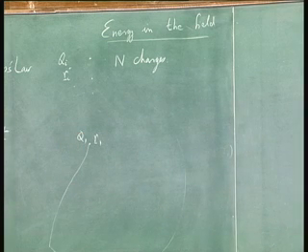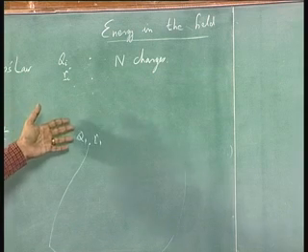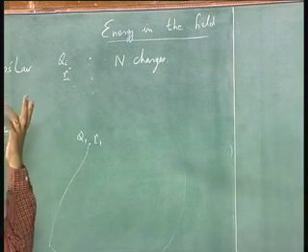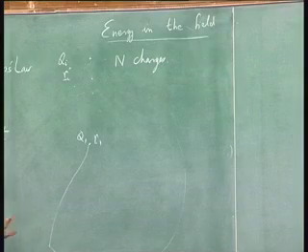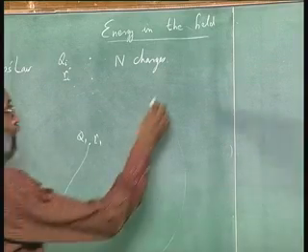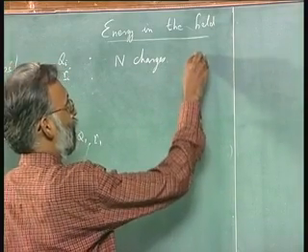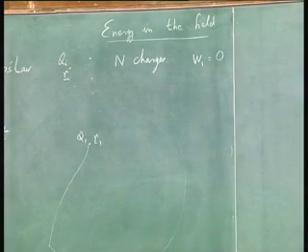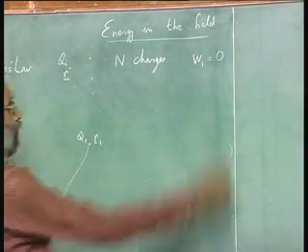There are no charges anywhere in the universe, so there is no force, electric field is 0. So this Q1 comes through without any work done on it. So W1 is equal to 0.